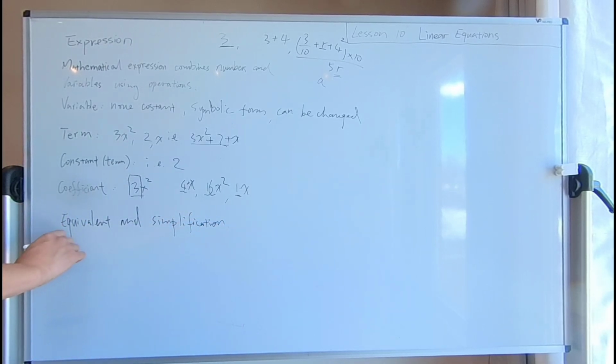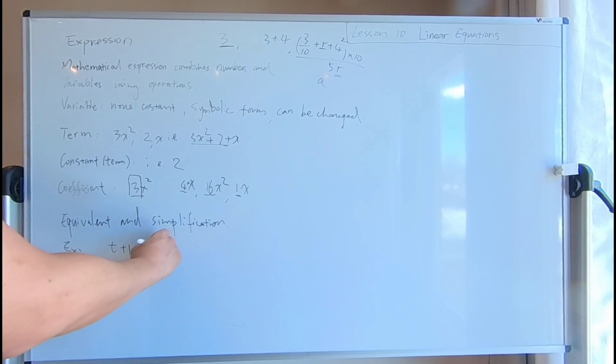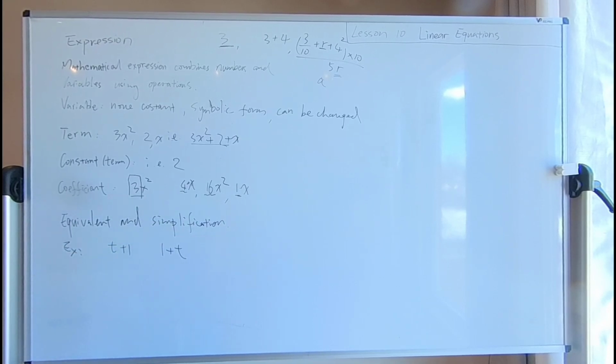So for example, equivalent means if I have an expression t plus 1 and I have another expression 1 plus t, because addition is commutative, these two are equivalent, and we use this equal symbol to denote equivalent.